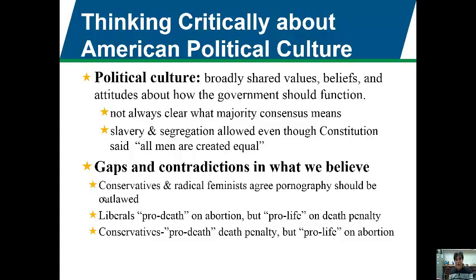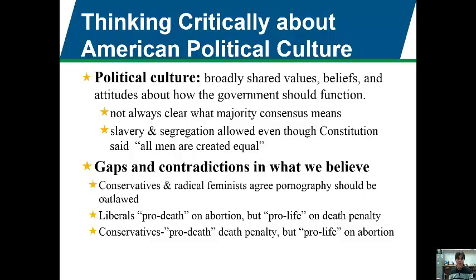You'll have to forgive me. I use pro-death only to be illustrative here, not to actually say that liberals are supporting death, even though pro-choice may be the more politically correct term. But let's just say, for argument's sake, liberals are pro-death on abortion, but pro-life on the death penalty.